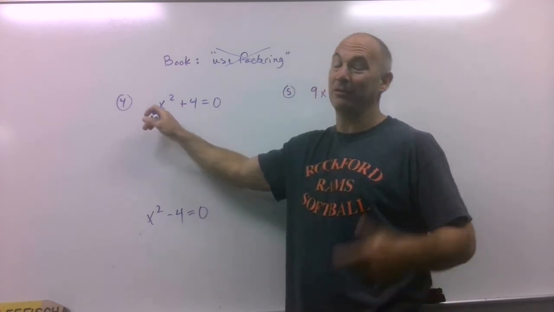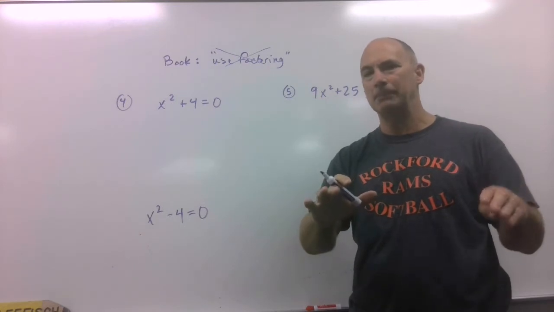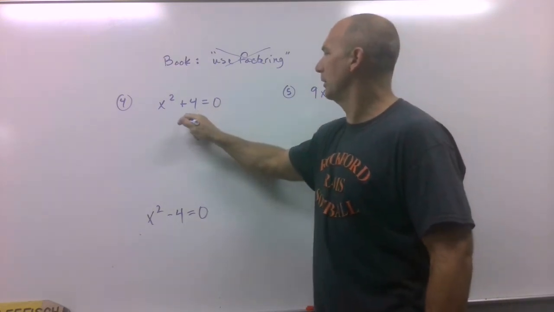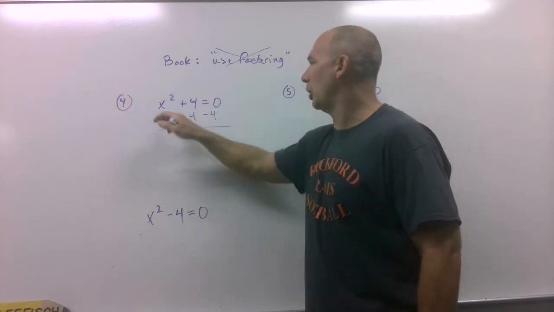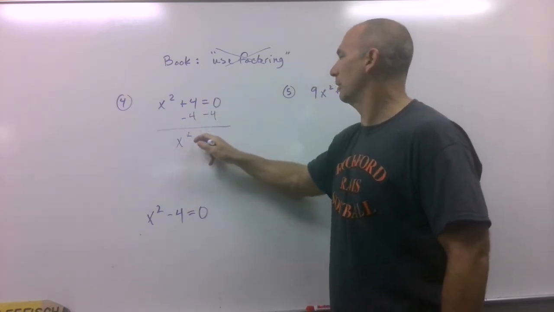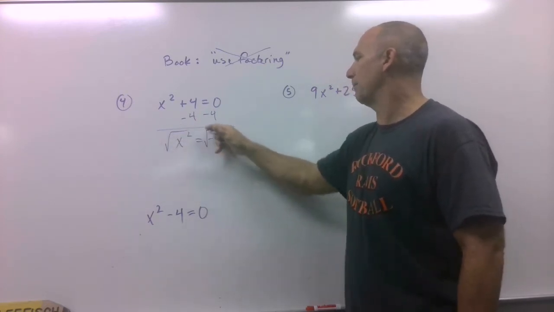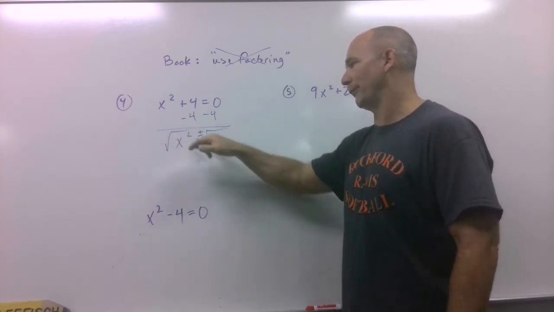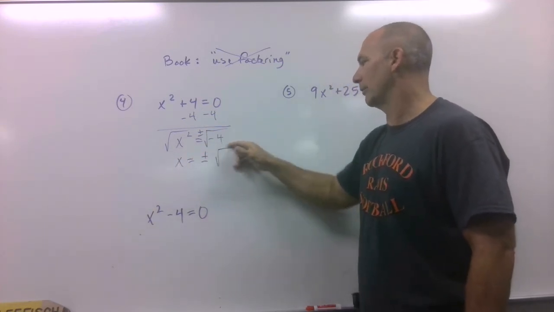So the book has examples where they really make it complex, when I just don't think it needs to be. How are we going to solve this? Well, we're going to get our x squared alone. So we get x squared equals negative 4. Bada boom, bada bing, do the right thing. Don't forget that. So we get x is plus or minus the square root of negative 4.